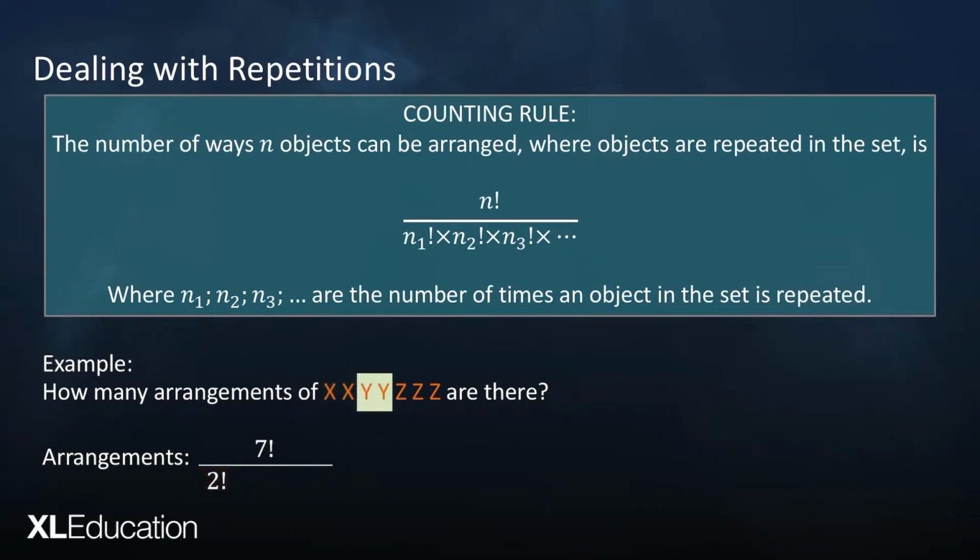The y's repeat twice as well, so we need a 2 factorial at the bottom for the y's. And the z repeats 3 times, so we have a 3 factorial at the bottom for the z. Now, if there's an item in the set that doesn't repeat, don't worry about putting it at the bottom. The bottom is only for the items in the set that are repeated, and then the number of ways we can arrange that will be 210.